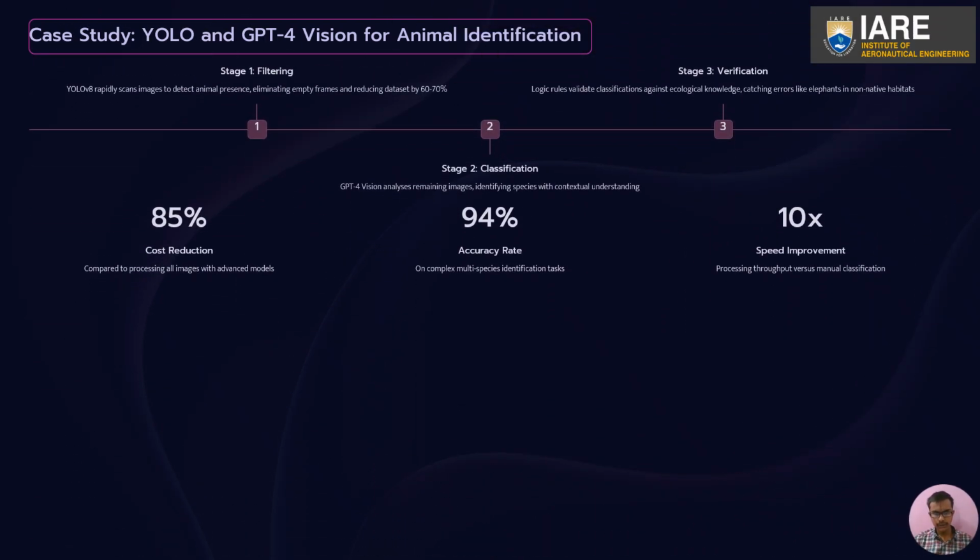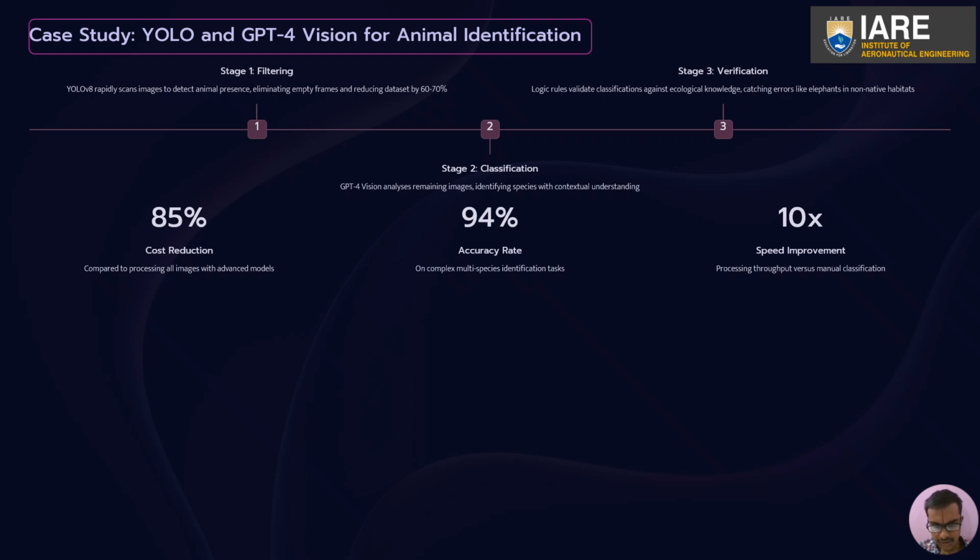Now, in this case study, step 1 is filtering. YOLO V8 rapidly scans images to detect animal presence, eliminating empty frames and reducing the dataset by 60% to 70%. Stage 2 is classification.